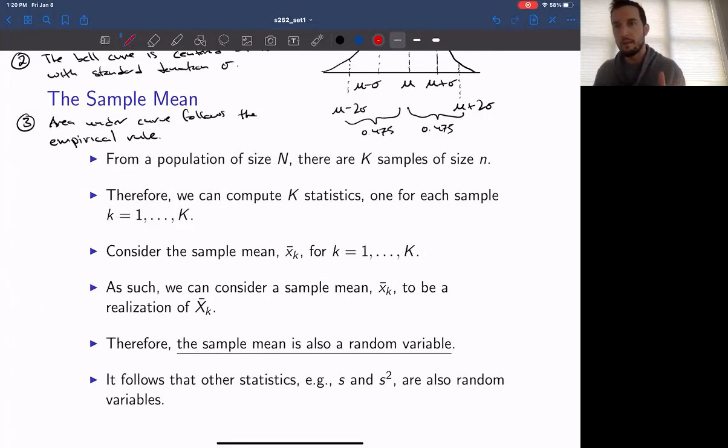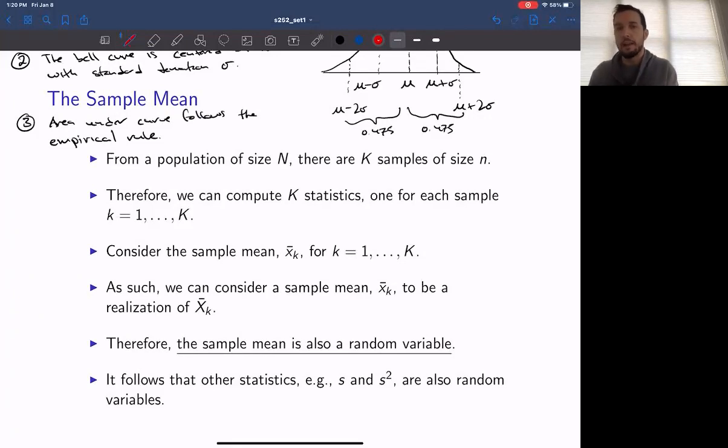Now, because the values in the sample follow the distribution, so say our sample values are normally distributed, the sample mean, which is a function of those values, will also have a distribution. So the sample mean is also a random variable because its value will change with each of the different samples that we collect.